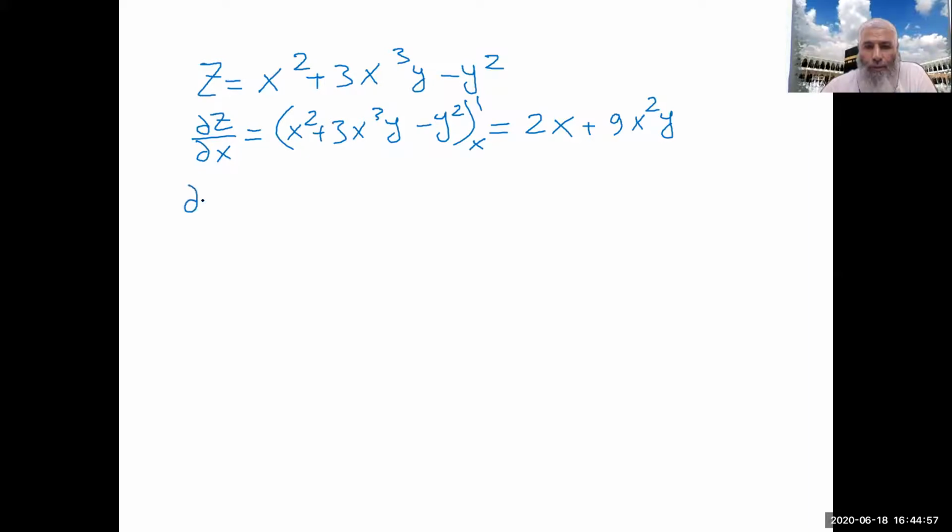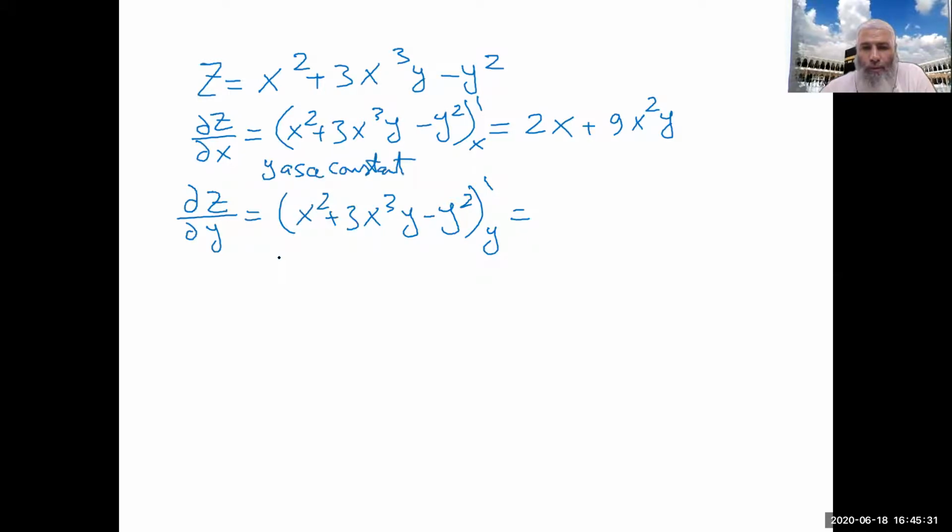Now, what is the derivative of z with respect to y? It is the same function, the derivative of the function with respect to y. What is the derivative of x squared with respect to y? 2x? No, 0, because x squared is like a constant now.